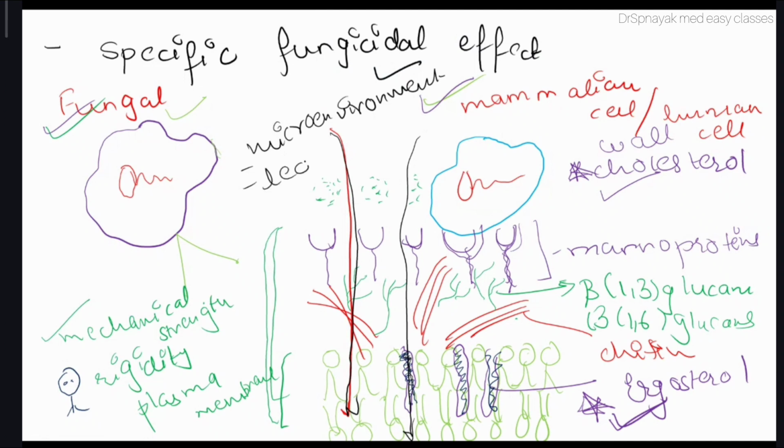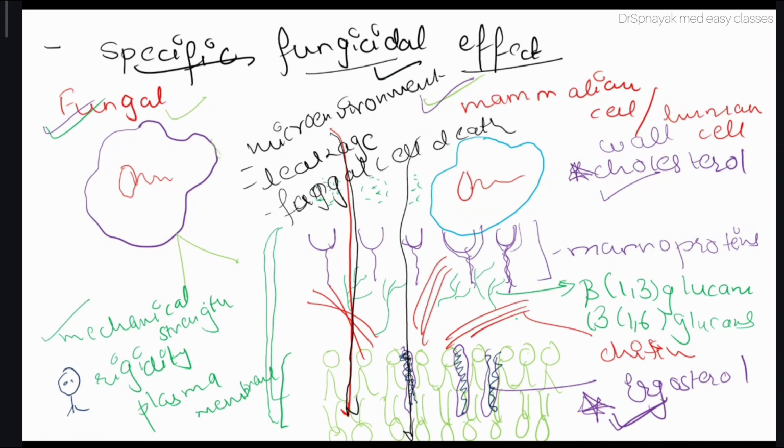So it will lead to the leakage of the intracellular components that ultimately leads to fungal cell death. So amphotericin B has a specific fungicidal effect.